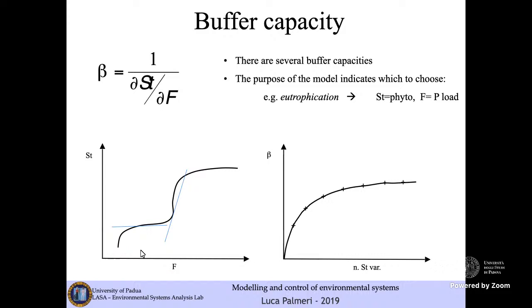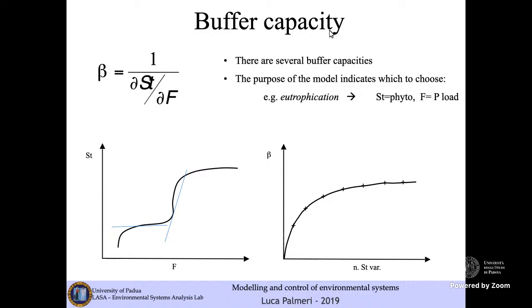You see here, with a large variation of a forcing function, you have almost no variation of a state variable. Here, with a small variation of a forcing function, you have a dramatic variation of a state variable. So an increase of the complexity of your model that brings the behavior of the model to jump from one state to another is a significant increase, so it is worthwhile in terms of growing the complexity of your model.